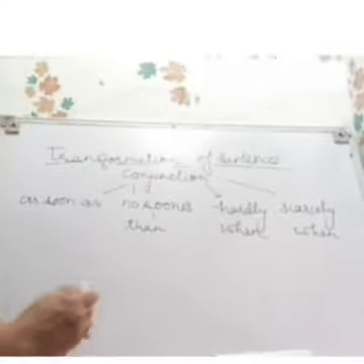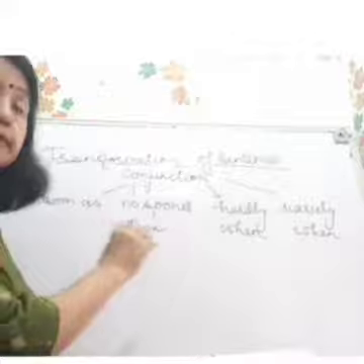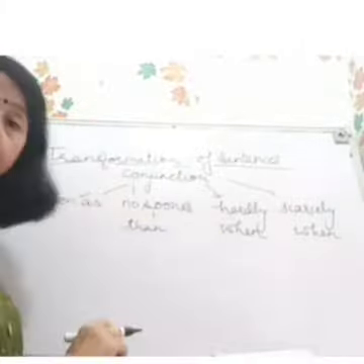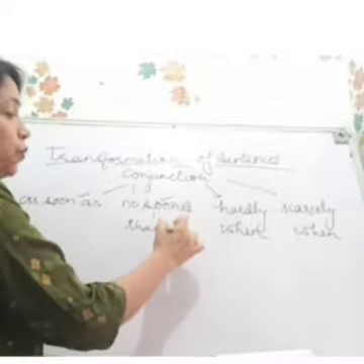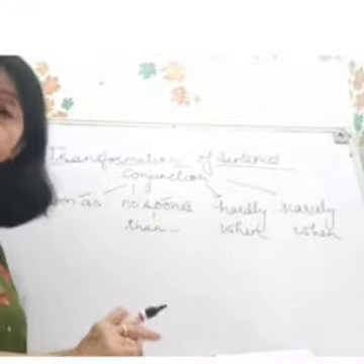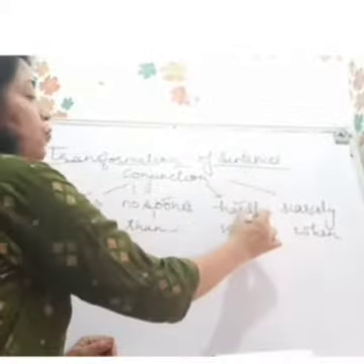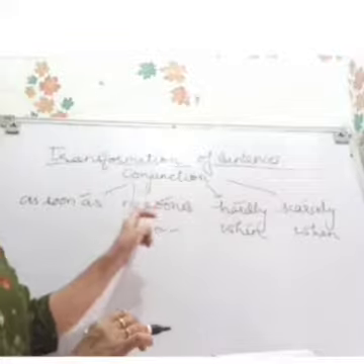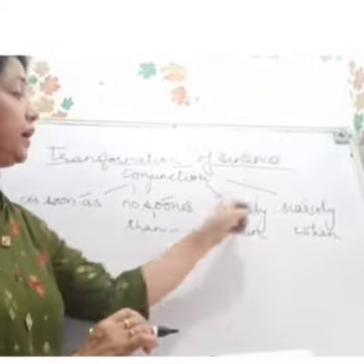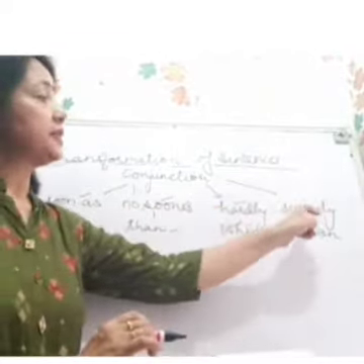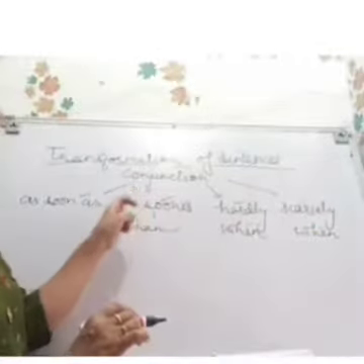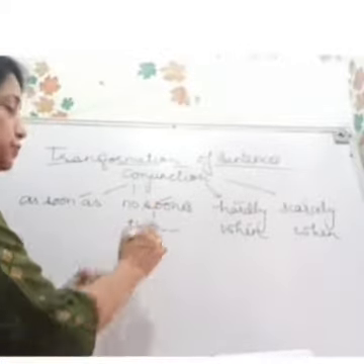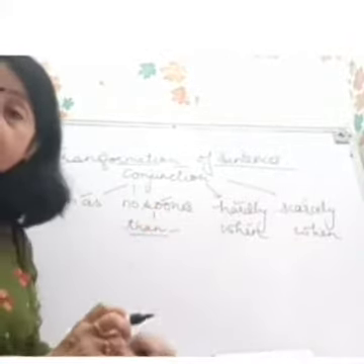Now see children, transformation of sentences with the help of conjunctions, that is as soon as, no sooner than, hardly when, and scarcely when. Why am I telling you no sooner than, hardly when, and scarcely when? Because with no sooner, it is the rule that we should use than, T-H-A-N.